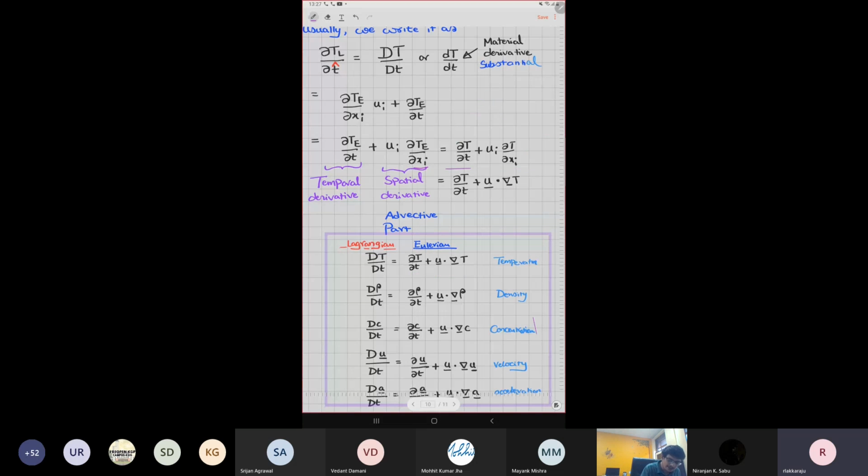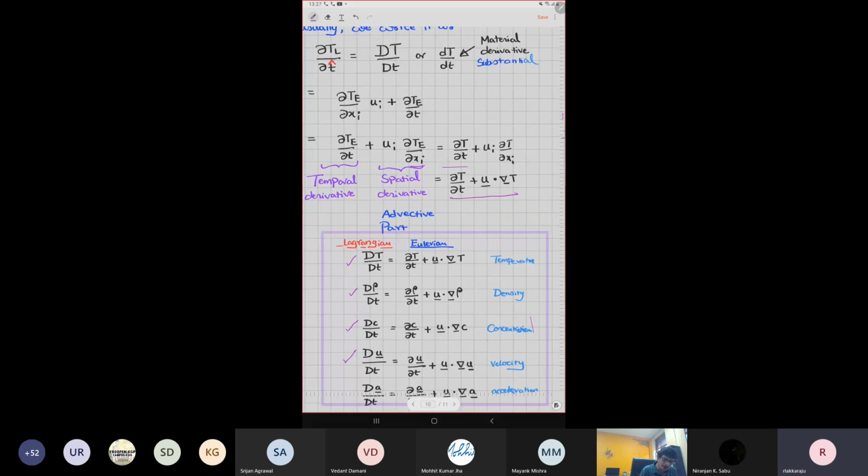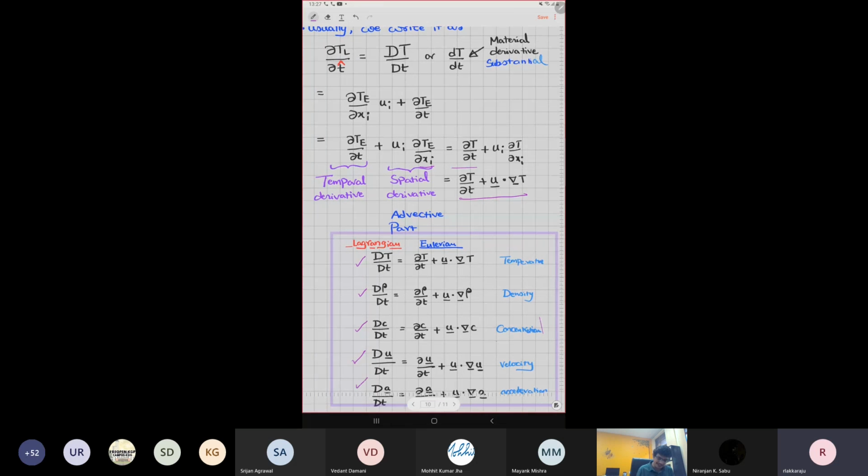So this relation holds not only for temperature, it can be applicable for density. It can be applicable for concentration. It can be applied even for velocities. It can be applied on accelerations. The Lagrangian acceleration is your del A by del T plus U dot del of A. The rate of change of velocities is acceleration.